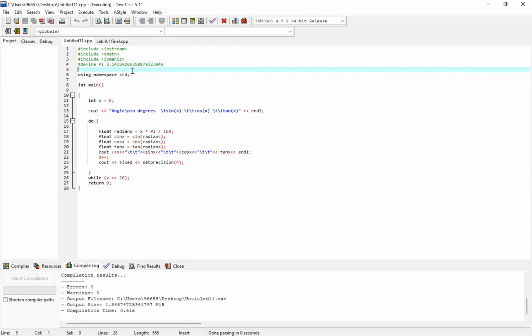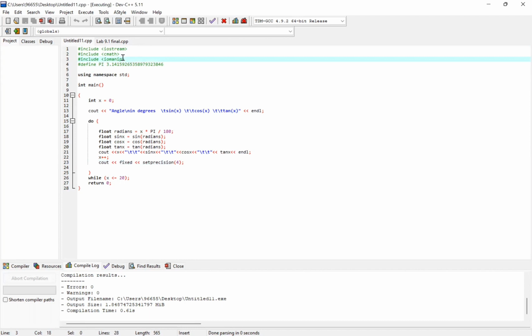is the include cmath, which is a really important code for we are using a mathematical operation which includes trigonometric functions. Next is the include iomanip, which is for the code cout, fixed, setprecision 4.